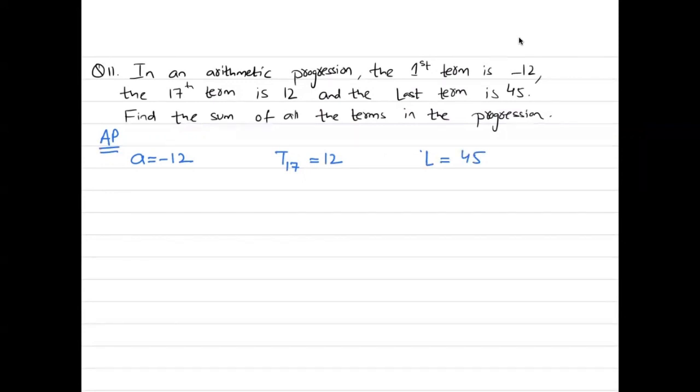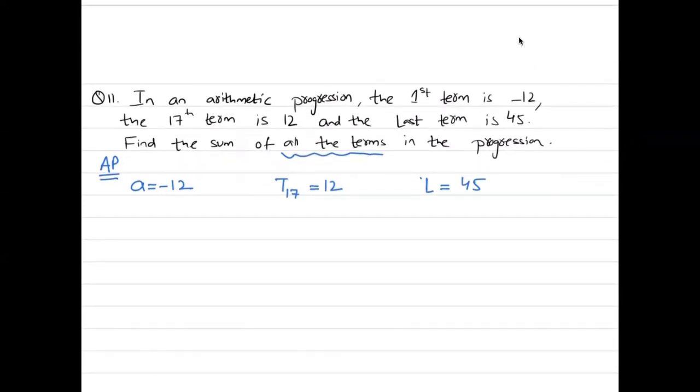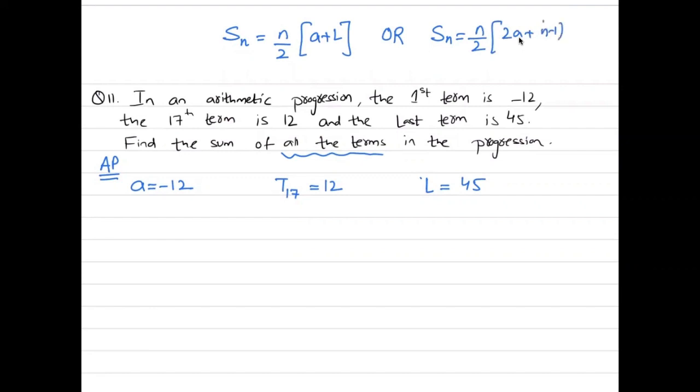Find the sum of all the terms in the progression. Sum of all the terms means Sn. So let there be n values in the arithmetic progression. You need to find Sn. Sn is calculated using two formulas, n upon 2 times A plus L, or Sn is equal to n upon 2 times 2A plus n minus 1 times D.